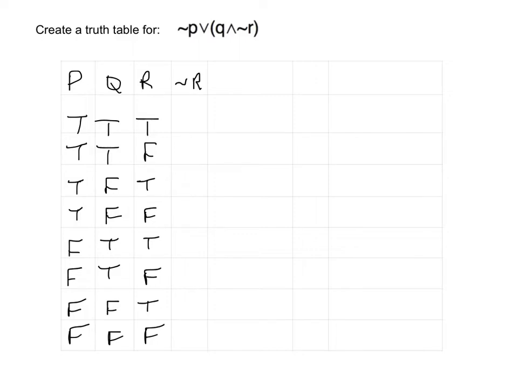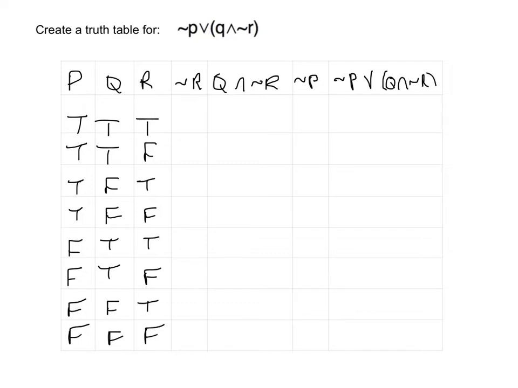Once I have not R, then I can find Q and not R. So I will now have this set of parentheses. But in order to find the entire statement, I need not P. And then once I have not P, I can find not P or Q and not R.